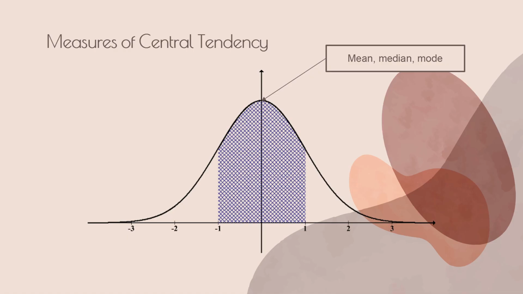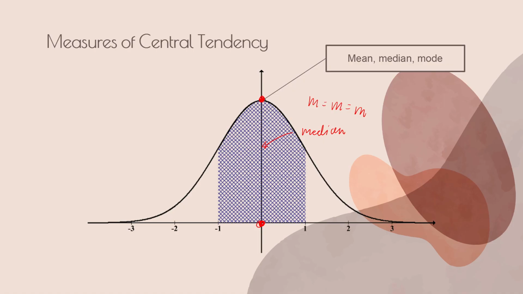For it to appear as a normal distribution curve, your mean, median, and mode should be approximately equal to each other, meaning that your mean at the center should be equal to your mode at the peak, and your median, which bisects your data, represented by the line between.